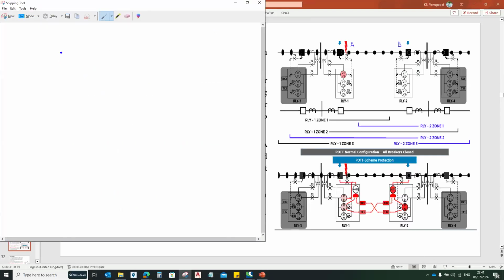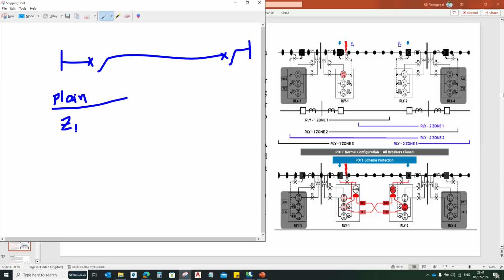Okay, let us assume this. So what I will do is just explain the plain scheme. So plain is nothing but Z1, Z2, Z3, and I'm considering Z4 as reverse zone.